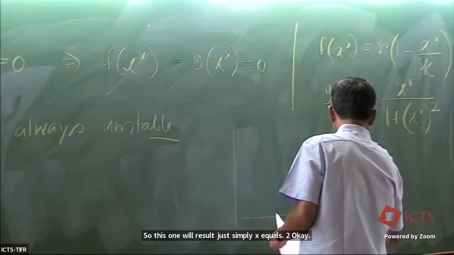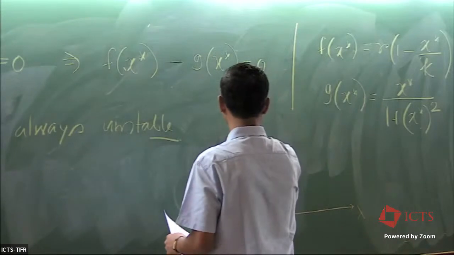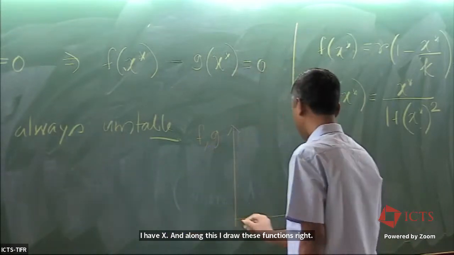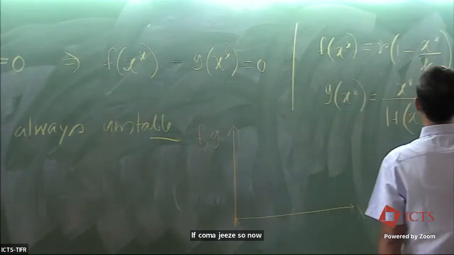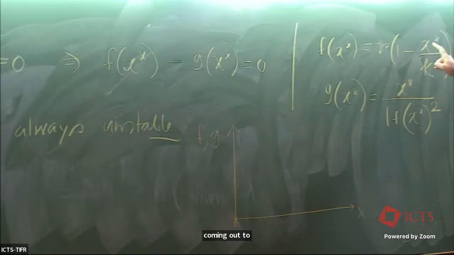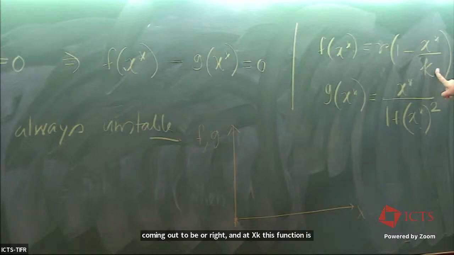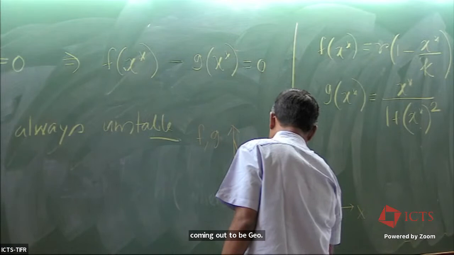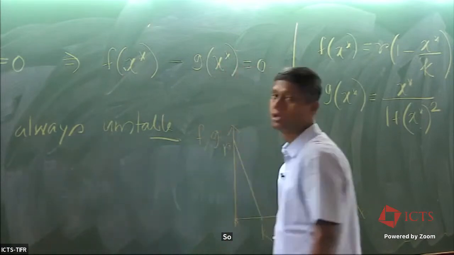So I have x, and along this I draw these functions, right? F comma g. So now at x0, this function is coming out to be r, right? And at x equals k, this function is coming out to be 0. So it is here k, and here it is r, right?